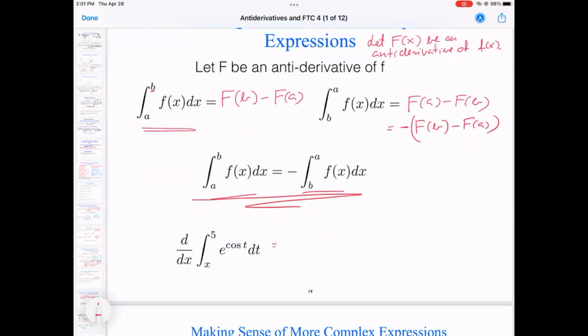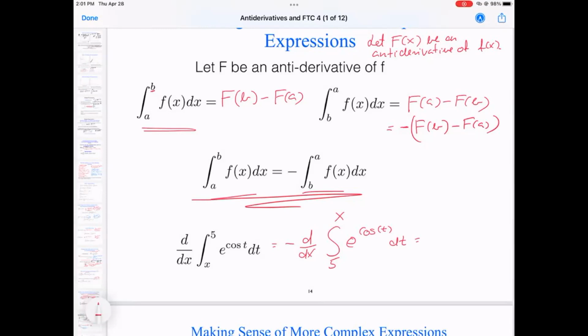That's going to be the same as negative derivative of the integral from 5 till x of e to the cosine t dt. I interchanged the upper and the lower limit, and I multiply by -1, and I take the derivative of that.